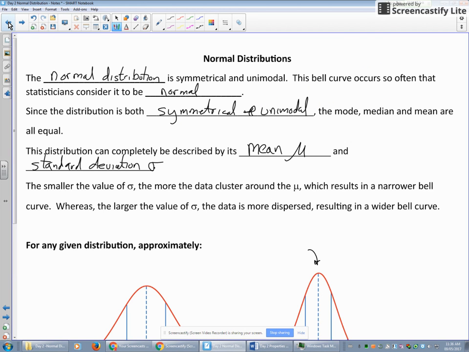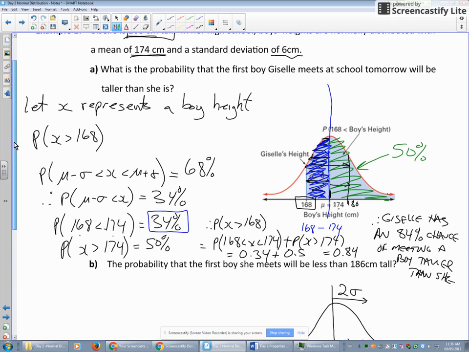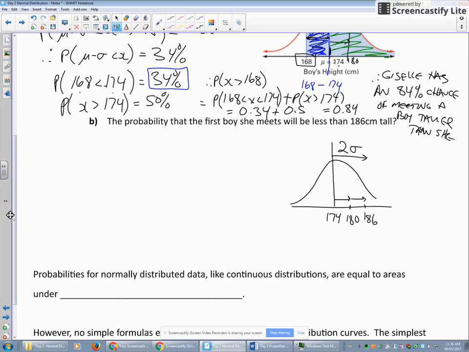And we know from the previous page that 95% of our data falls within two standard deviations of our mean. So in this particular case, again, we'll let x be the boy's height. So what's the probability that the boy is less than 186? The probability that x is less than 186.